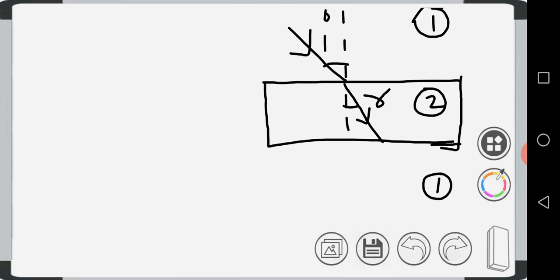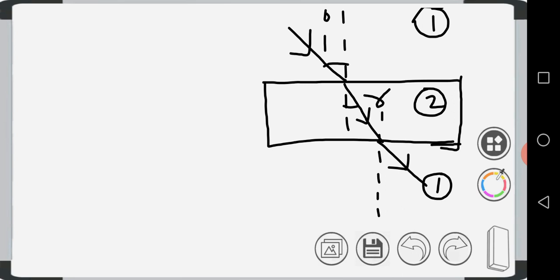Here again another refraction will take place at this point, because now the light ray is moving from medium 2 to medium 1. Suppose this is the second refracted ray.